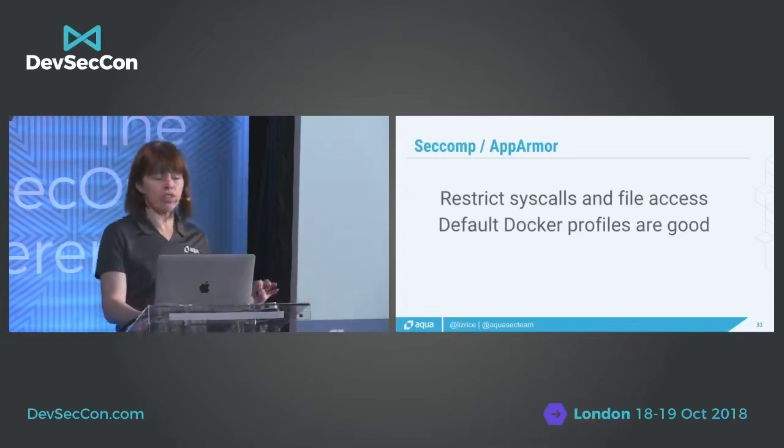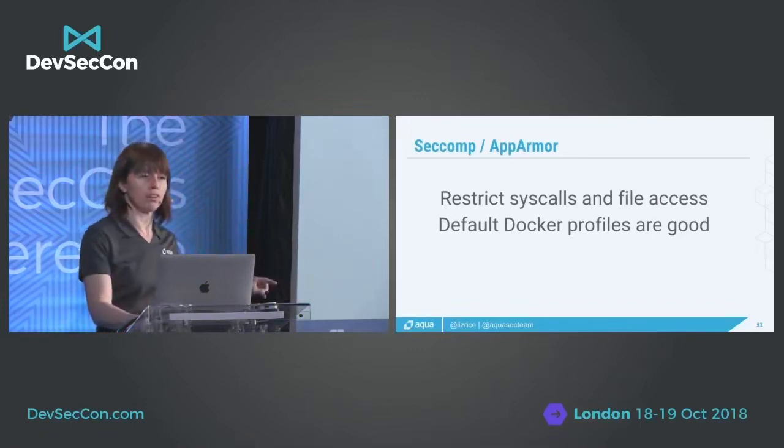Jess Frazelle did a really great job of defining a default seccomp profile that restricts the system calls that containers can use to a very sensible set of defaults that allow 99 point whatever percent of containers to operate as expected, but prevent some crazy things that no container really has any business doing. So the default Docker profiles are a really sensible place to start, particularly if you don't know better. If you don't have a better profile in place, these are good to use.